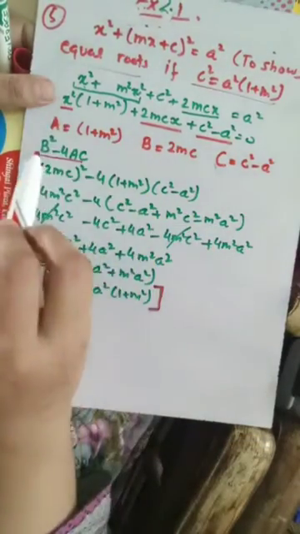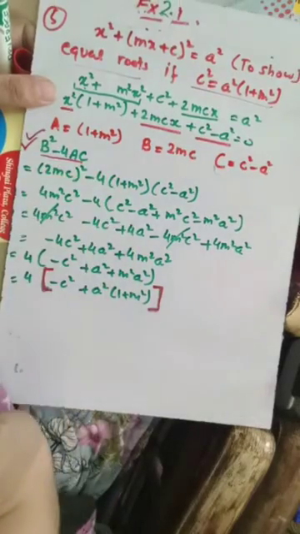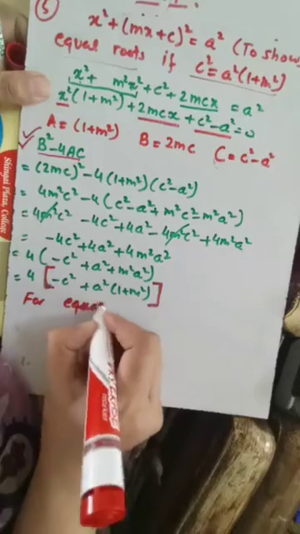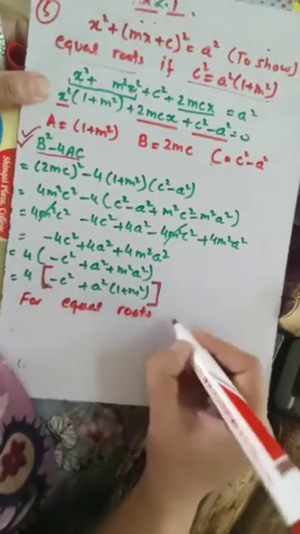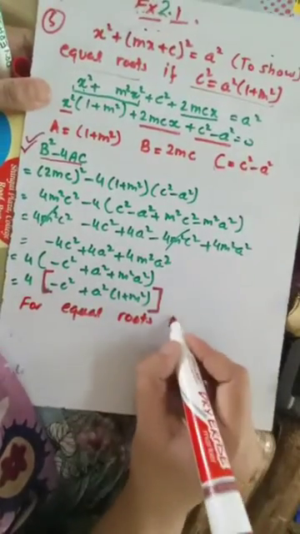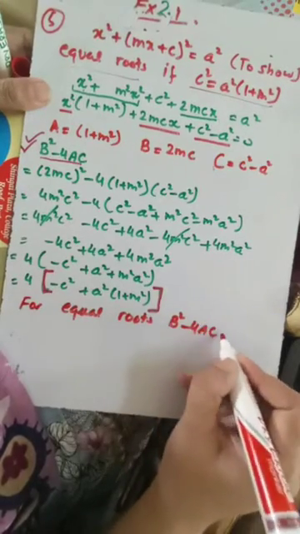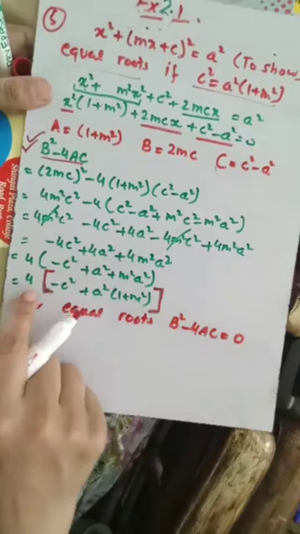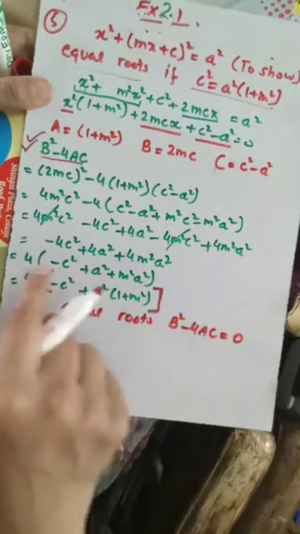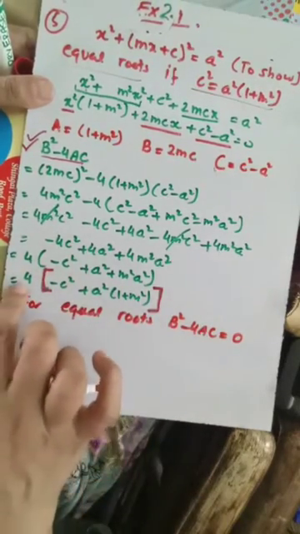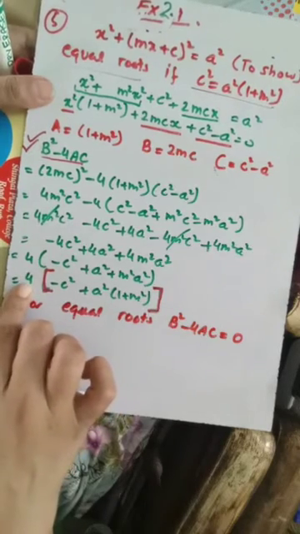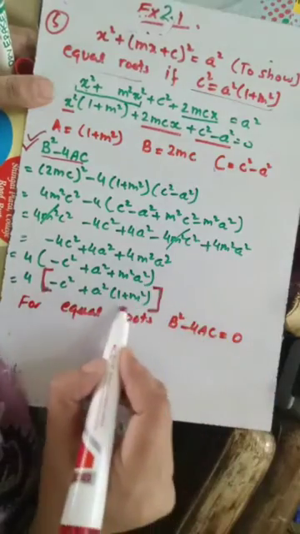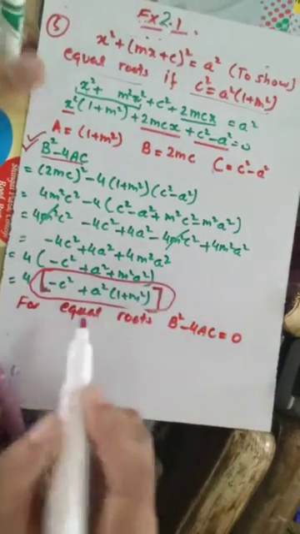So first what we did, we calculated b square minus 4ac. Now for equal roots, what do we need? For equal roots we need b square minus 4ac to be equal to 0. Now we know that 4 is not equal to 0, okay. We need to know which factor will make this expression equal to 0. We know that 4 is not equal to 0 because 4 apples are not equal to 0 apples, yeah. So the only thing which will make this discriminant equal to 0 is this expression, okay.